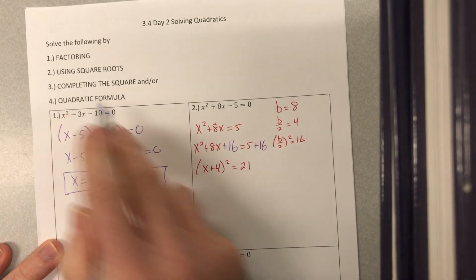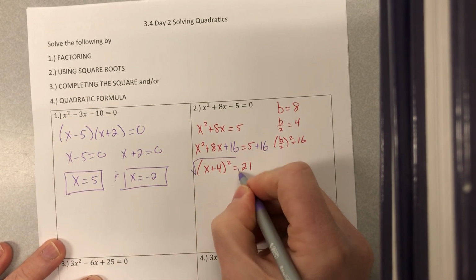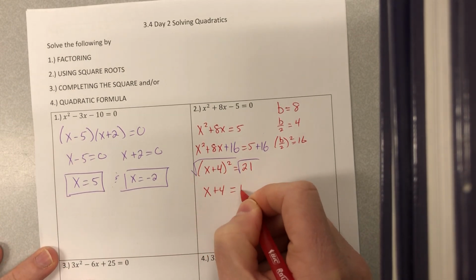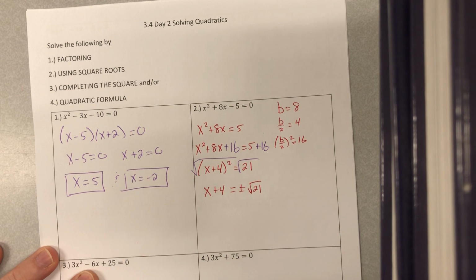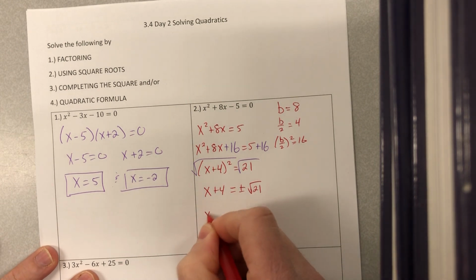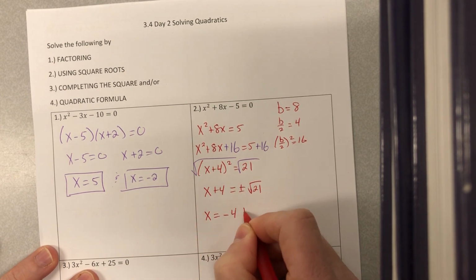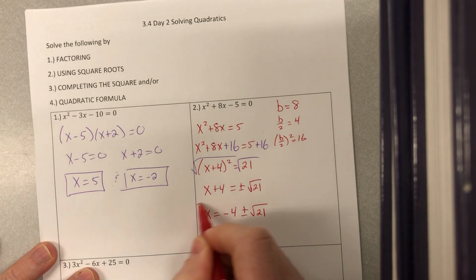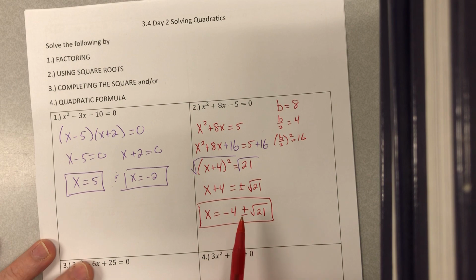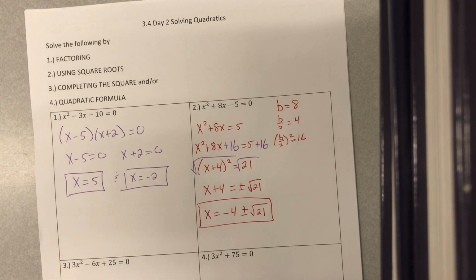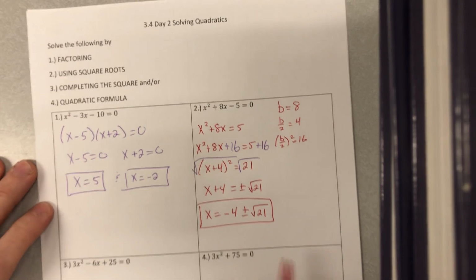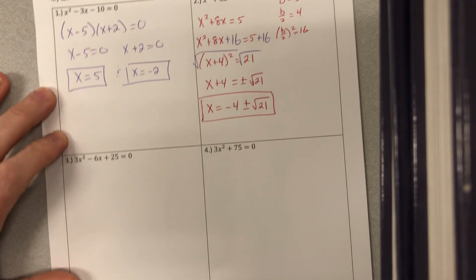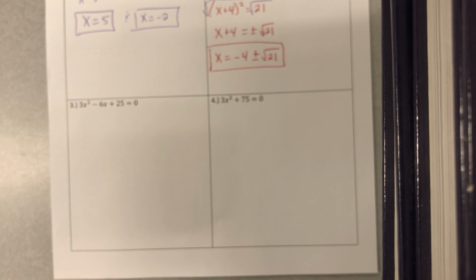Now, similar to using square roots, we can take the square root of each side and be left with x plus 4 equals plus or minus the square root of 21. When we solve for x, that would be negative 4 plus or minus the square root of 21. We can get that as an approximation, but for this example, we'll leave it just like that. So that brings us to our next two problems.